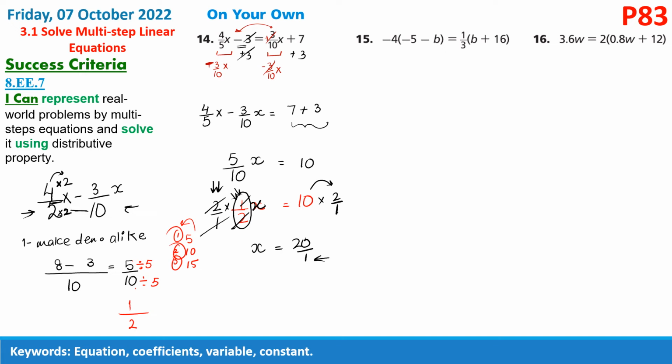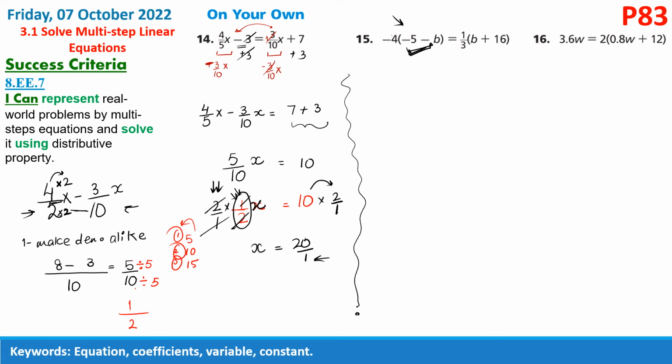Let's try first of all question 15 also, okay? So let's try question number 15. Now what have we seen here? That the expression here is multiplying with the number outside.